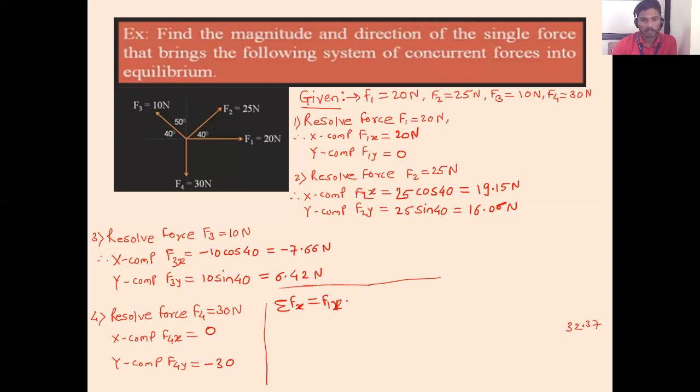F1x plus F2x plus F3x plus F4x. What is that? 31.49 Newton. Correct. Summation Fy. What is that?